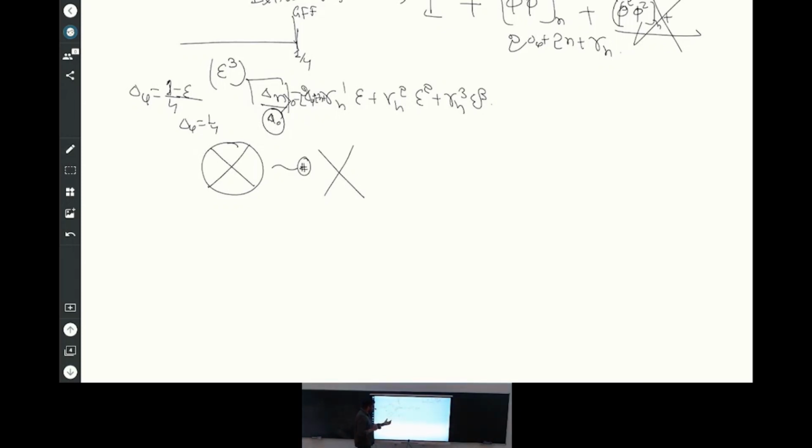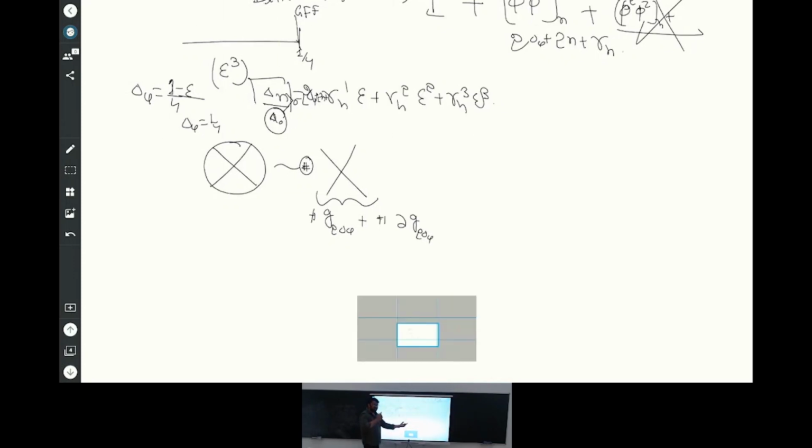What I'm trying to say is that this flat space diagram has only a single block in it, which basically means that it gives anomalous dimension to just delta 0 and no other n.